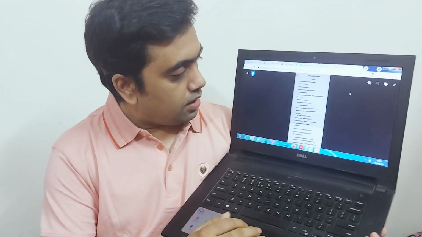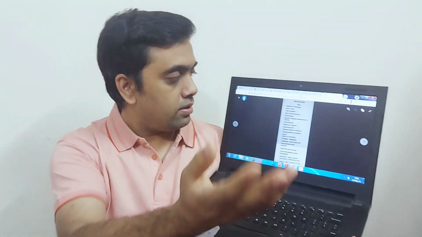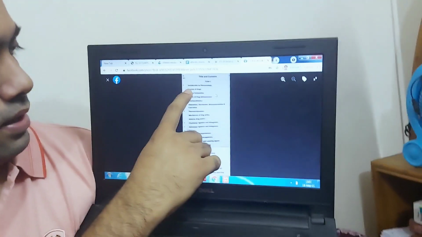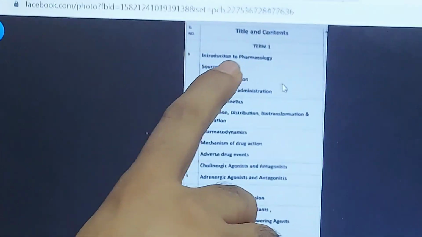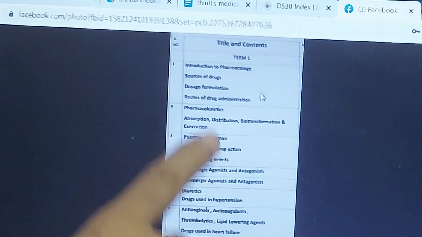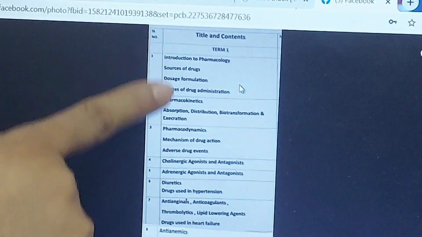Here I am showing you, zooming in. Here is the first item and the first term. Here we can see some description of some topics.